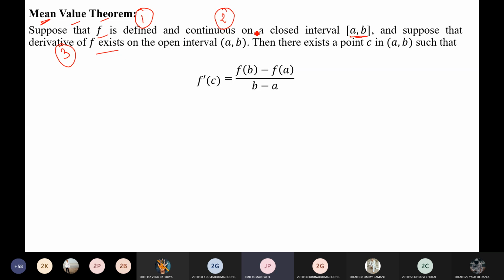For continuity you use the closed bracket, and for derivative you use the open bracket, that means a and b not included for differentiation. Then there exists a point c in the open interval (a, b) such that f dash c is equal to f(b) minus f(a) divided by b minus a.